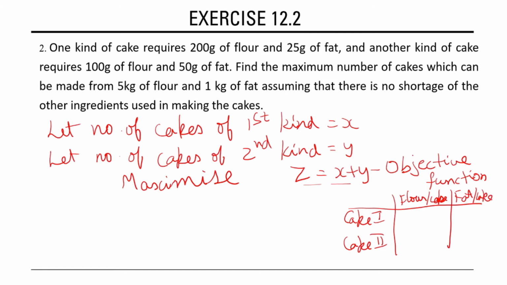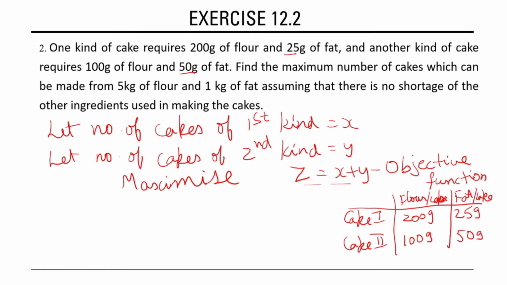So the first kind of cake requires 200 grams of flour, and the second kind of cake requires 100 grams of flour. The first kind of cake requires 25 grams of fat. The second kind of cake requires 50 grams of fat.